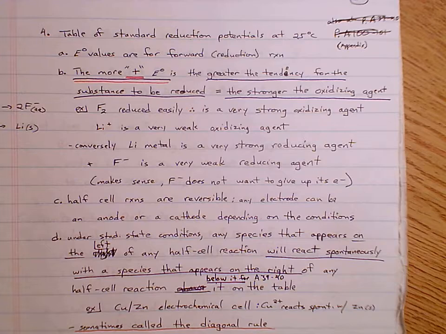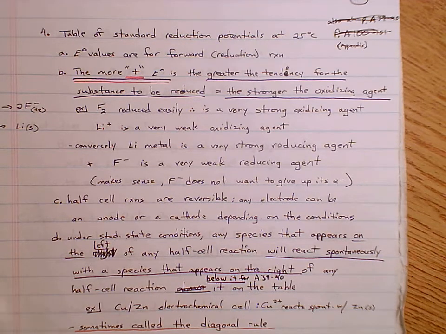Okay, diagonal rule there. If you multiply the reaction by different coefficients, recall when we were balancing redox reactions, sometimes we'd have to multiply it by 3 or 2 to get the number of electrons to cancel. Multiplying it by stoichiometric coefficients does not change the value of the potential.